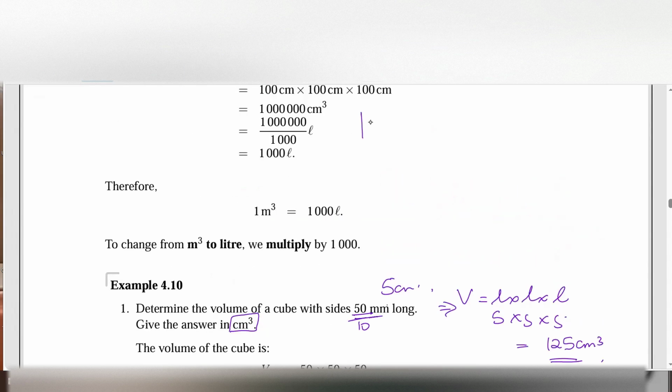Alternatively, if you have kilometers cubed, no, it cannot be kilometers cubed because we are measuring liters. So it's going to be kiloliters. Let's do this: kiloliters, centiliters, and then milliliters. I think I messed it up.